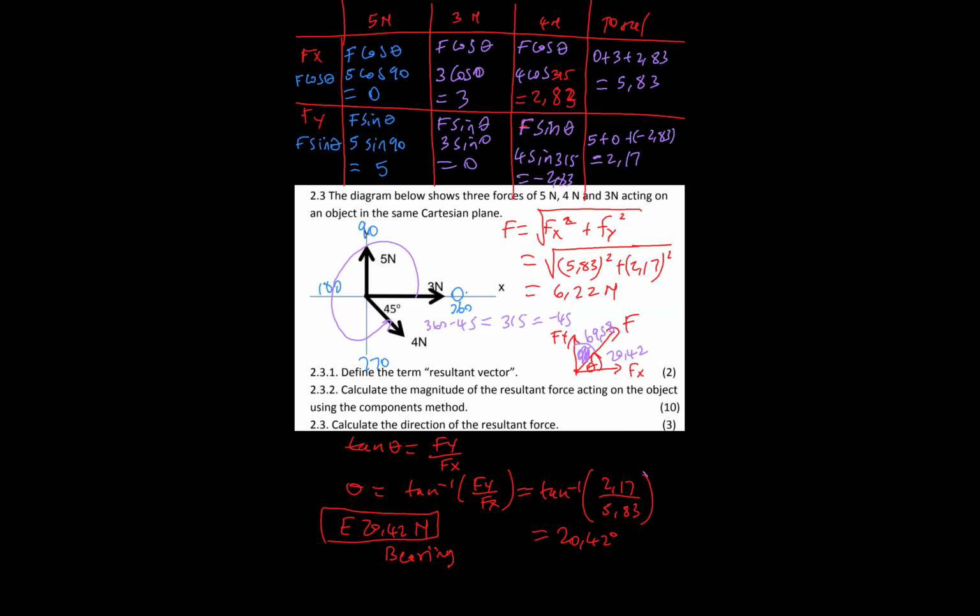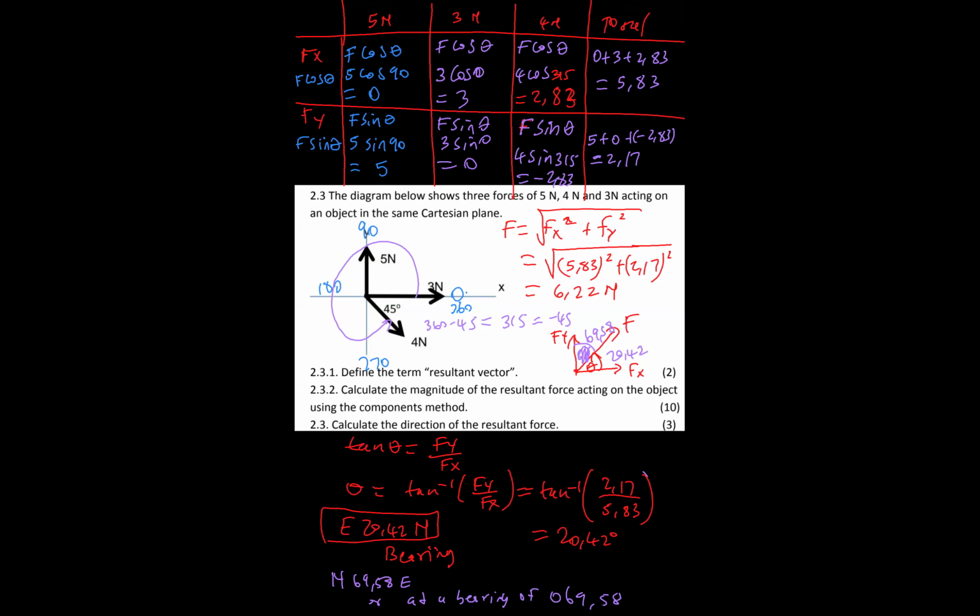We are going north, right? You can say north 69,58 east, or you can say at a bearing of 069,58.